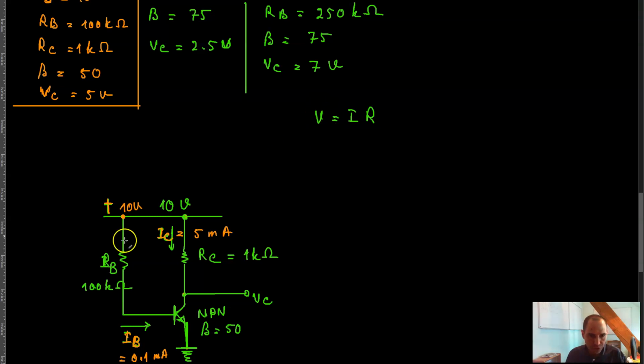Of course, the voltage drop across this resistor is constant. It's not going to change, so you can keep this constant.